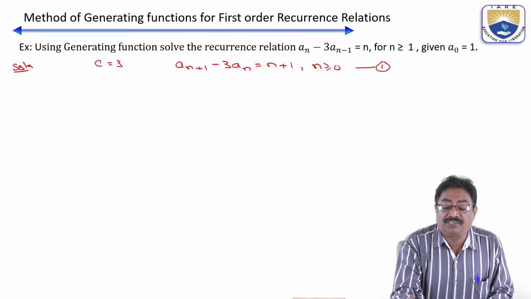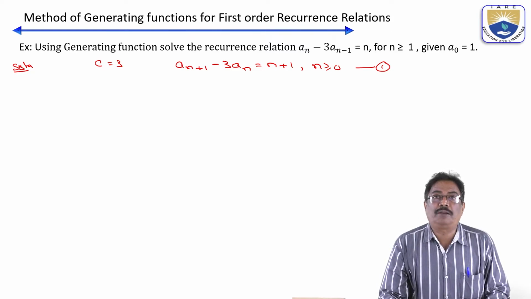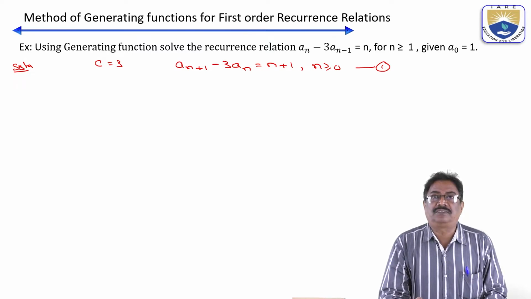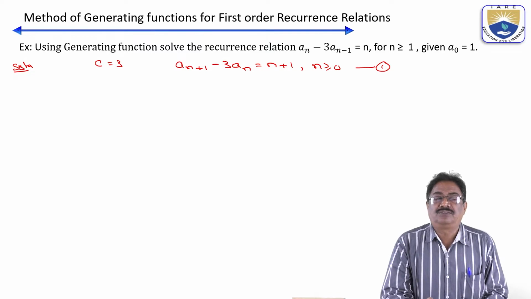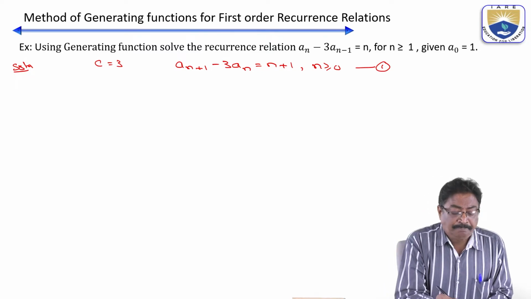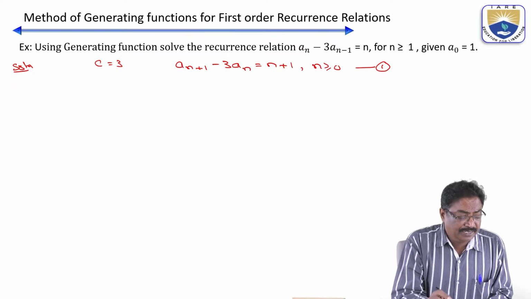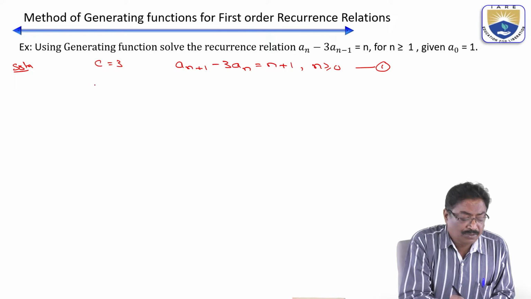So the given equation reduced to this by taking n equals n plus 1, because we derived the expression for the f of x function, which is for this. So we are going to write the given expression like this. Then c is equal to 3. So what is f of x equal to?